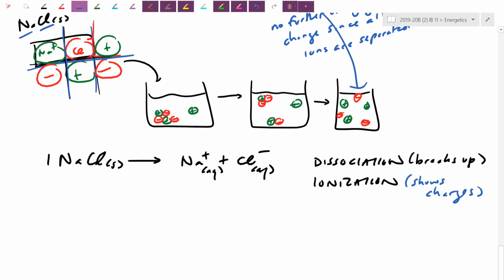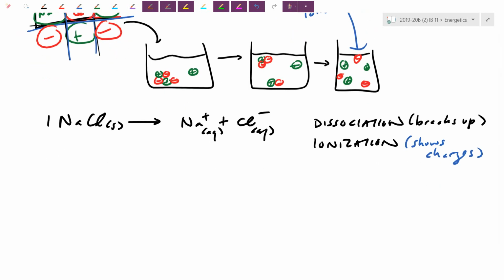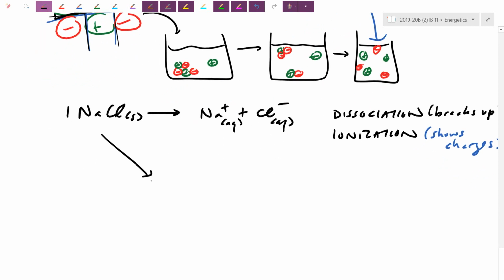When you look at that expression, you might see it looks very familiar to what we did yesterday. Yesterday, we also took an ionic compound, and this is going to be the start of what's called a dissolution cycle. Yesterday, we took the solid ionic compound and ended up getting Na+ as a gas and Cl- as a gas. That was our big equation. That was called lattice enthalpy, so delta H lattice enthalpy.